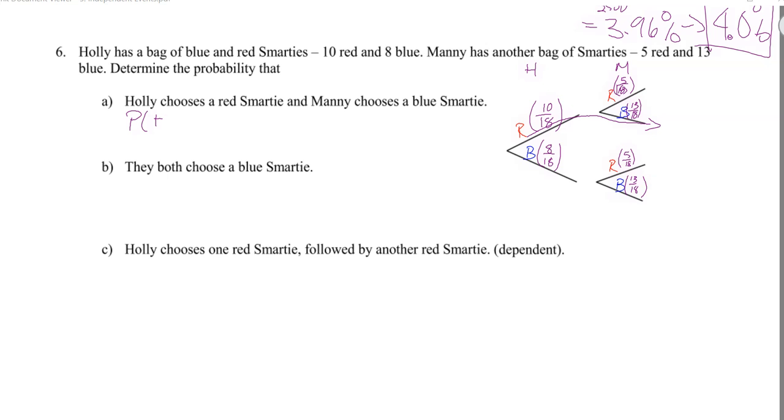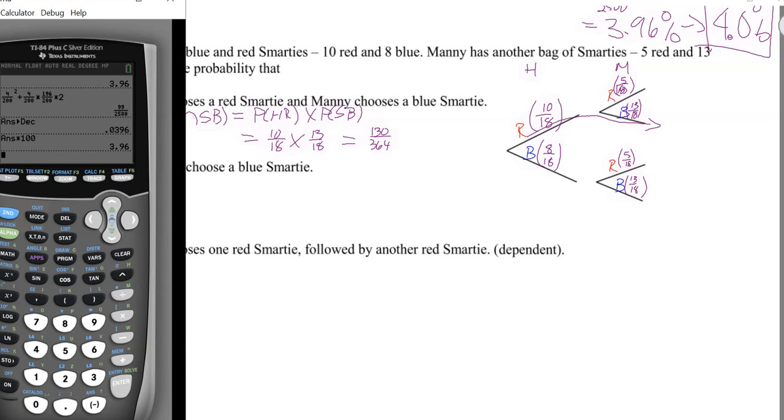So the probability of Holly red and Manny blue is simply the probability of Holly red times the probability of Manny blue. Independent, Holly red, 10 out of 18, Manny blue, 13 out of 18 is 130 out of 18 squared. 18 squared, 324.